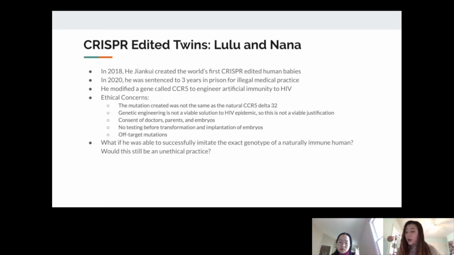First, because he was only able to produce a similar deletion and not the exact replica of the CCR5 delta 32 mutation, he created a human genotype that has never been seen before, without testing it first to see if the mutation would actually provide immunity in vitro before implanting the embryos. Theoretically, this mutation will confer resistance.